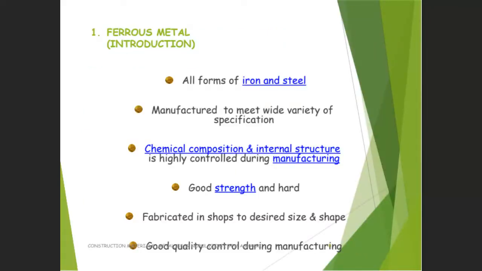Ferrous metal is actually all forms of iron and steel. Iron is the original part, and if you add carbon, then you get steel.